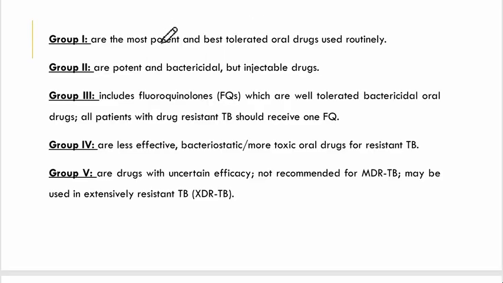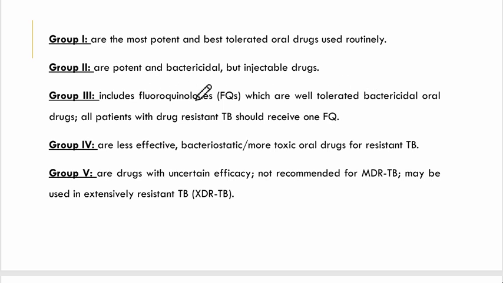Group 1, as we all know, consists of the first line oral anti-TB drugs. These are the most potent and best tolerated oral drugs that can be used routinely. Please make sure of the words routinely and reserved. For second line drugs you will see the word reserved, and in group 1, that is your first line drugs, you will see routinely.